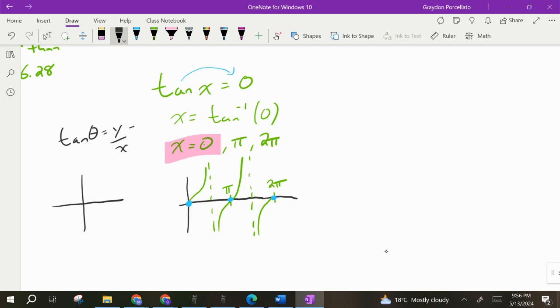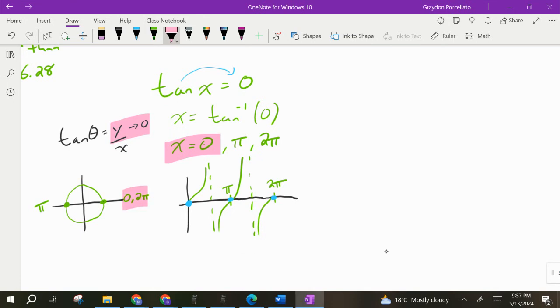Well, if y is 0, then 0 divided by whatever x is going to be 0. So if we think of this as our unit circle, where are our y values 0? Our y values are 0 right here at pi, and right here. And we know that this is 0 and 2 pi.